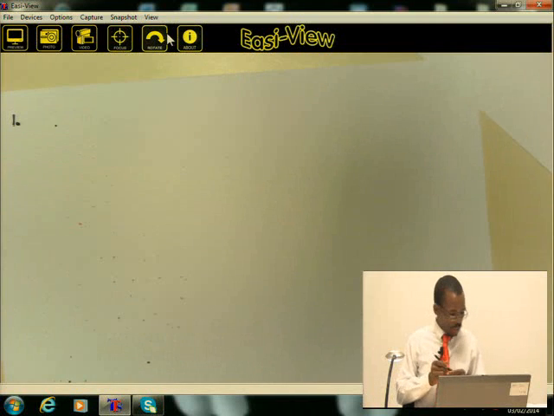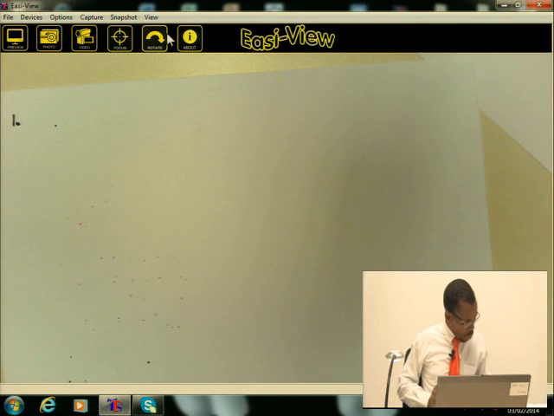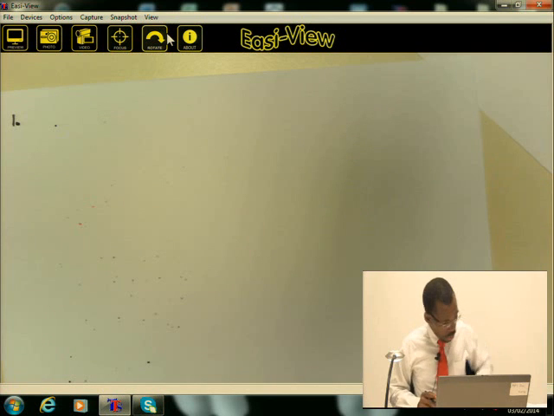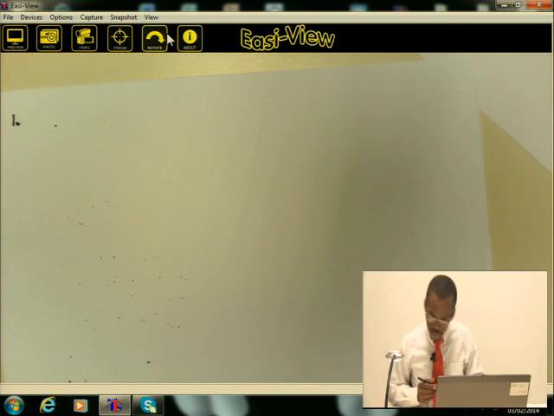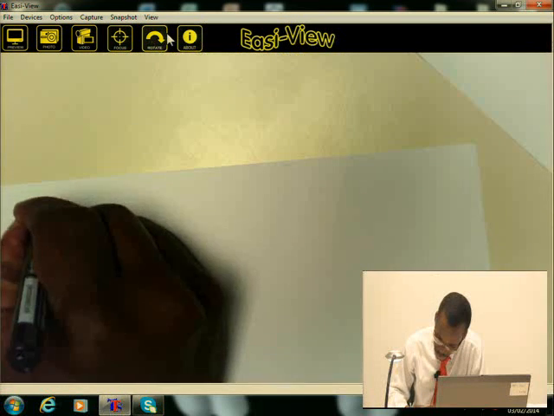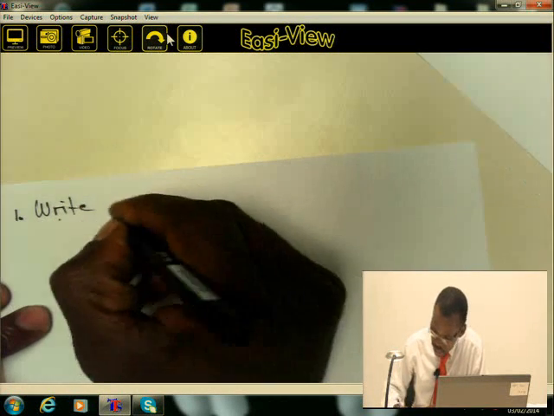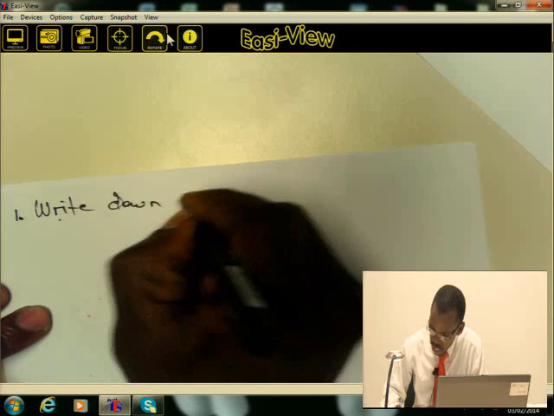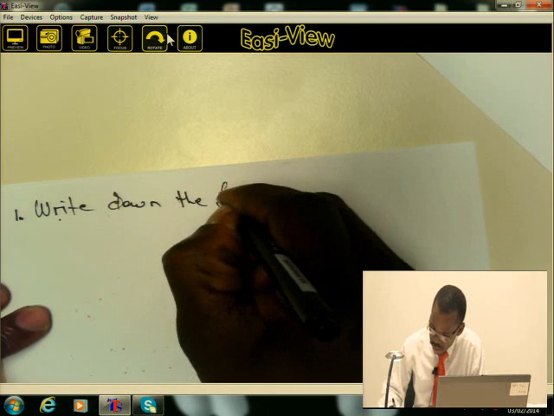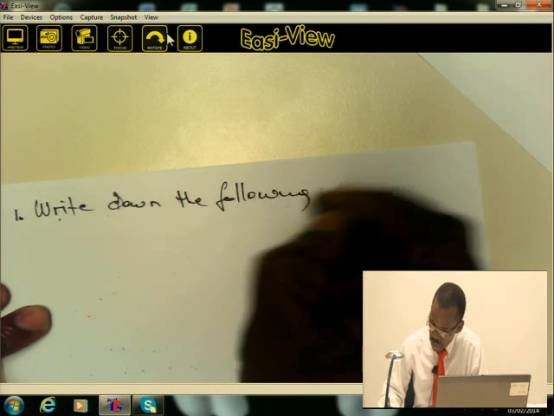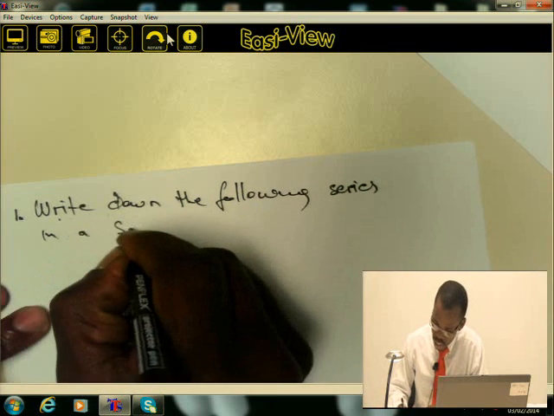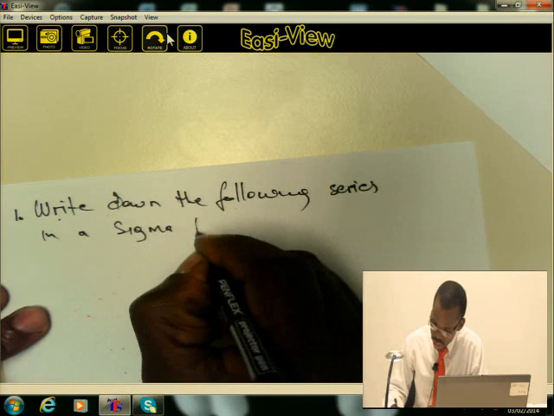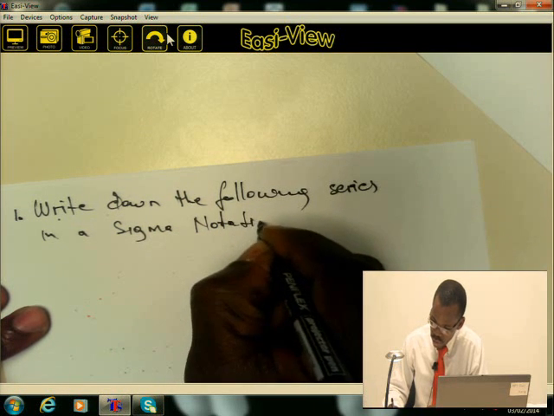The very first one, if we look at it, we want to write these in a form of sigma notation. Do the following in 2 minutes. Write down the following series in a sigma notation form.